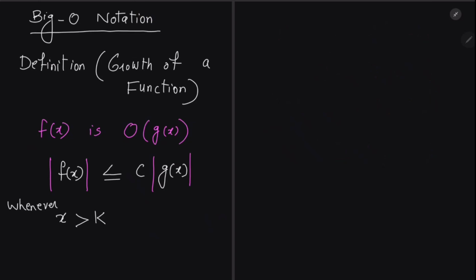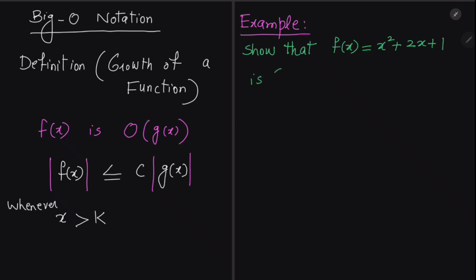Let me just solve an example for you so that you can understand it clearly. The example is: show that f of x equals x square plus 2x plus 1 is big O, order of x square.